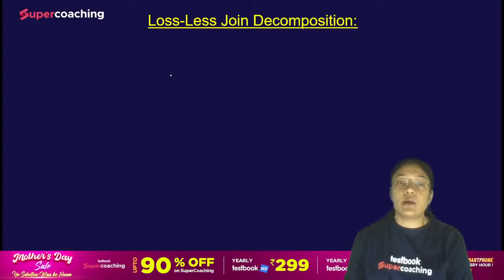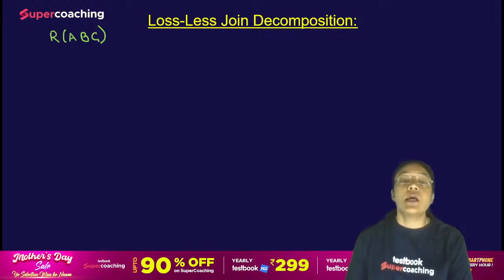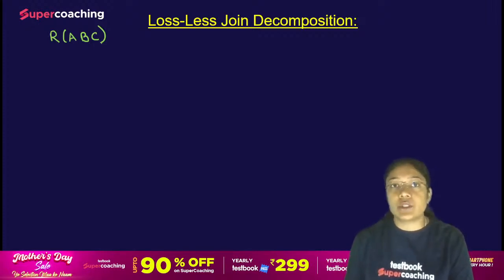So lossless join decomposition. Let us consider one relation R. This is the relation R with the three attributes. मैं बहुत छोटा सा relation ले रही हूँ just to understand the rules to check whether the decomposition is lossy or lossless. Exam में हम पूरा process follow नहीं करते. I'll simply tell you that what steps we need to follow. There are 2 to 3 steps and that will be sufficient. Although for decomposition or for normalization we perform till 3NF or BCNF, no data is required.